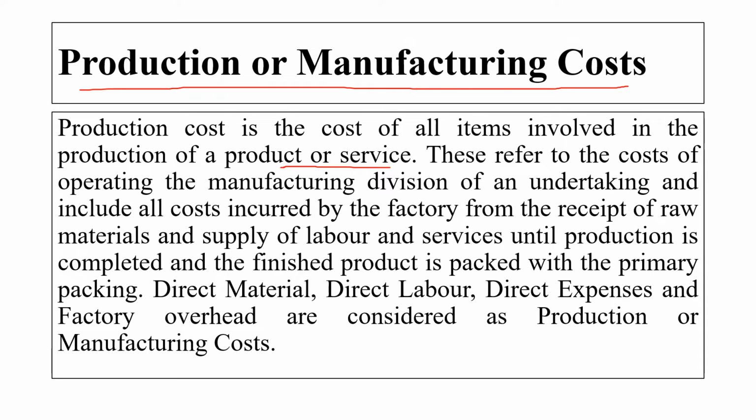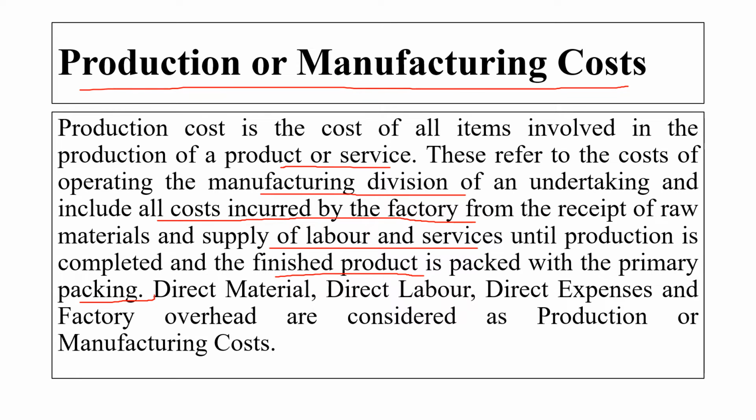This refers to the cost of operating the manufacturing division of the undertaking and involves all the costs incurred by the factory from the receipt of the raw material and supply of labor and services until the production is completed and the finished product is packed with the primary packing.